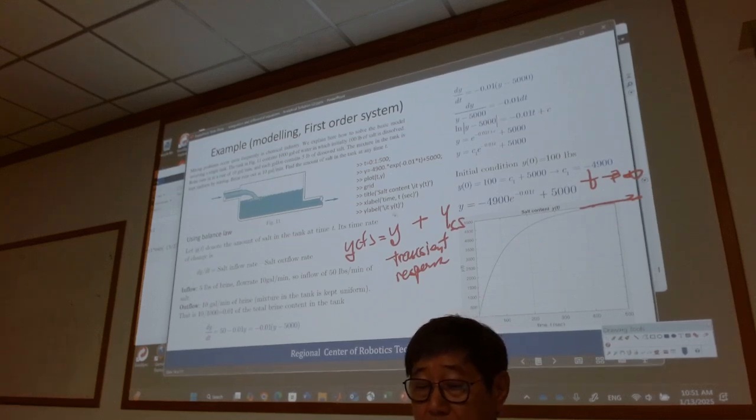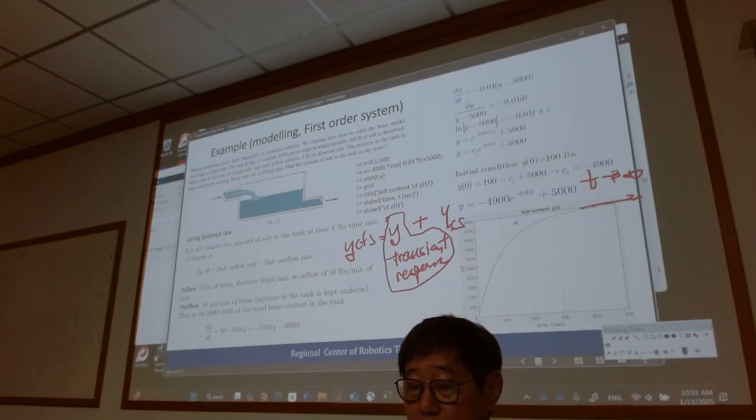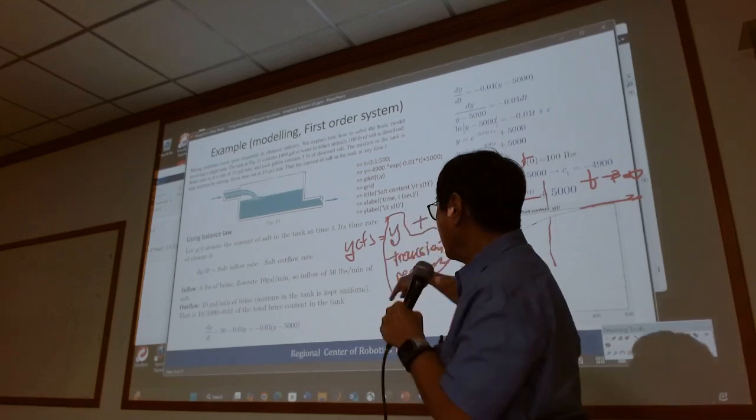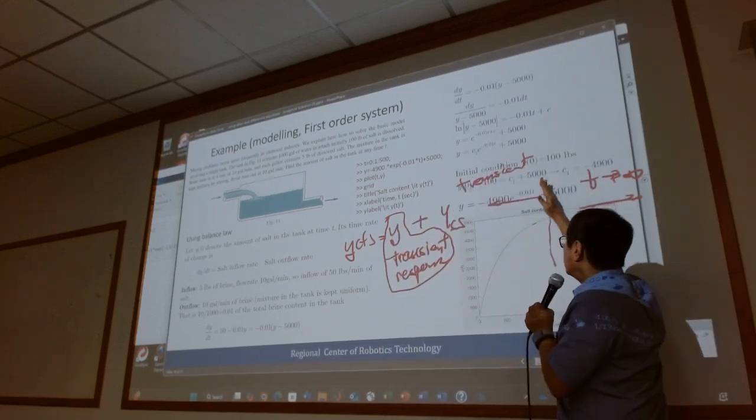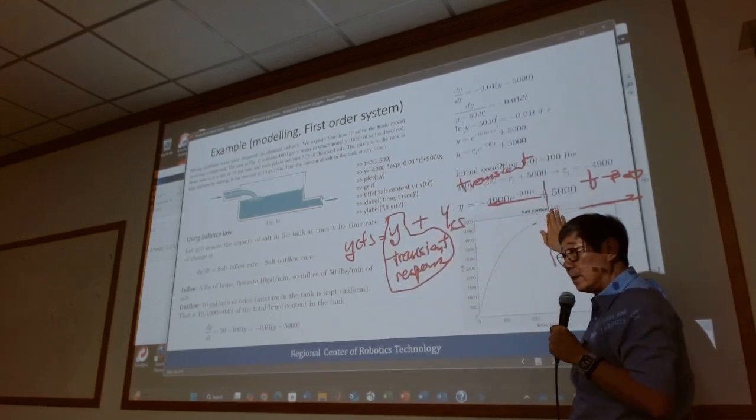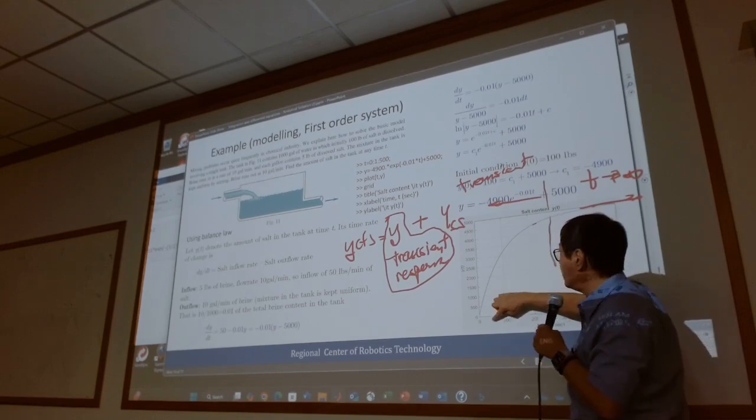The transient response is Y that is a function of t. Somewhere around here, there's no exact boundary. But you see that this is a function of t.